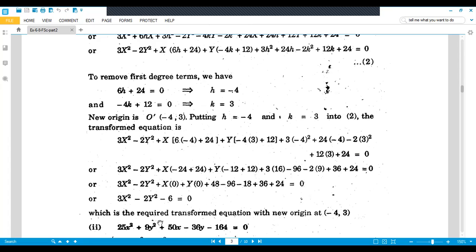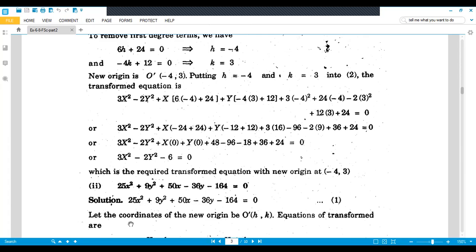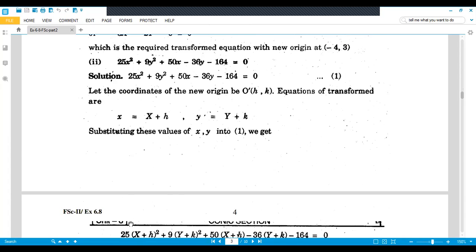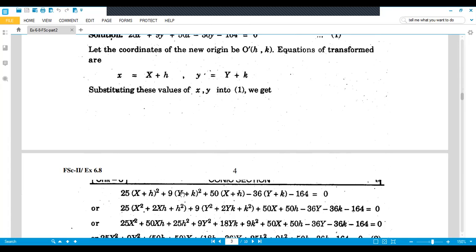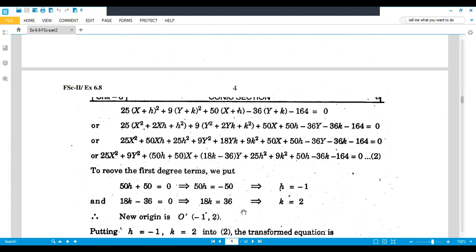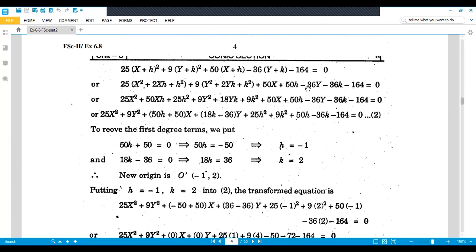Now the second part is 25x square plus 9. Again x you replace with (x plus h) whole square, and y you replace with (y plus k) whole square. So you open the bracket. When you open the bracket, you get this equation, and you remove the first degree terms, that is 50h plus 50.